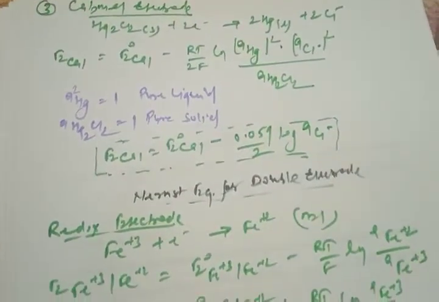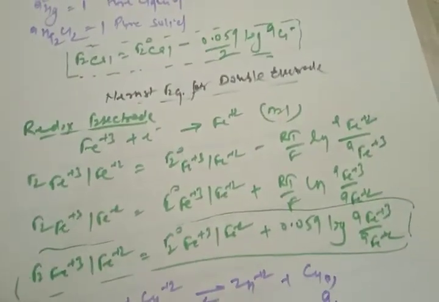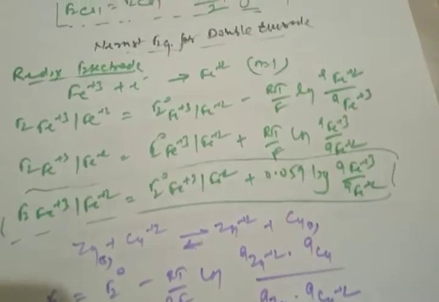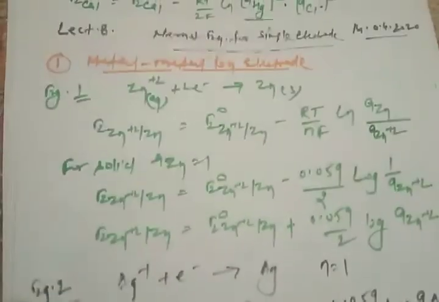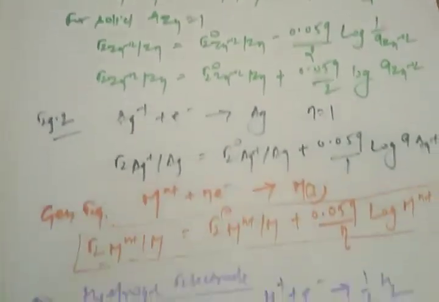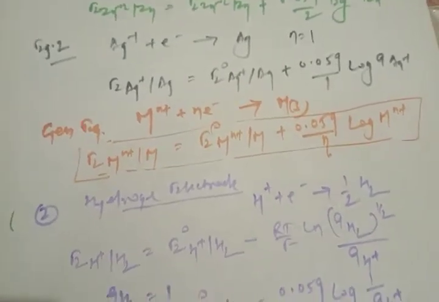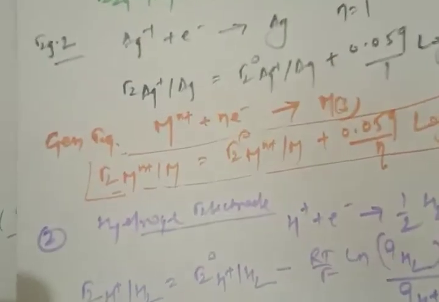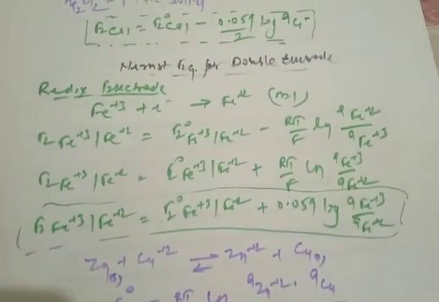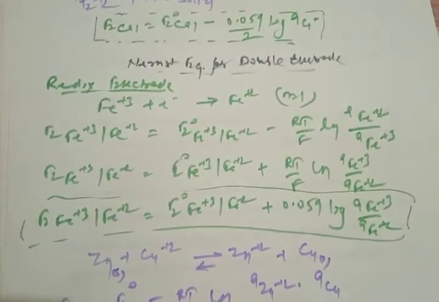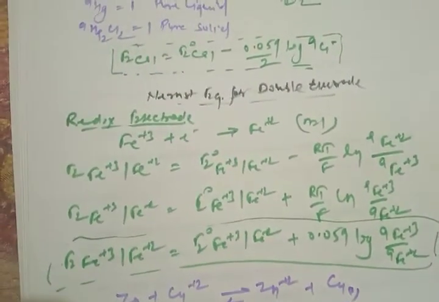So in this case we had discussed the calomel electrode, also the redox electrode, metal ion electrode, and the hydrogen electrode. So this is how we have to discuss.